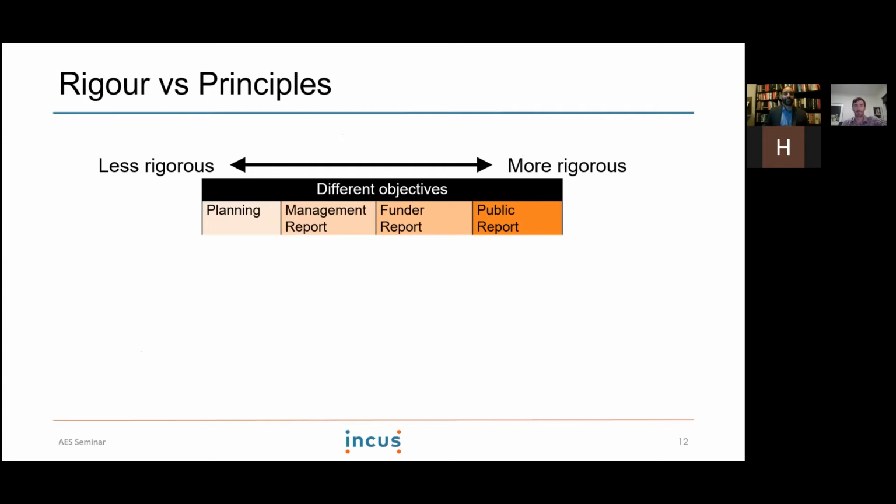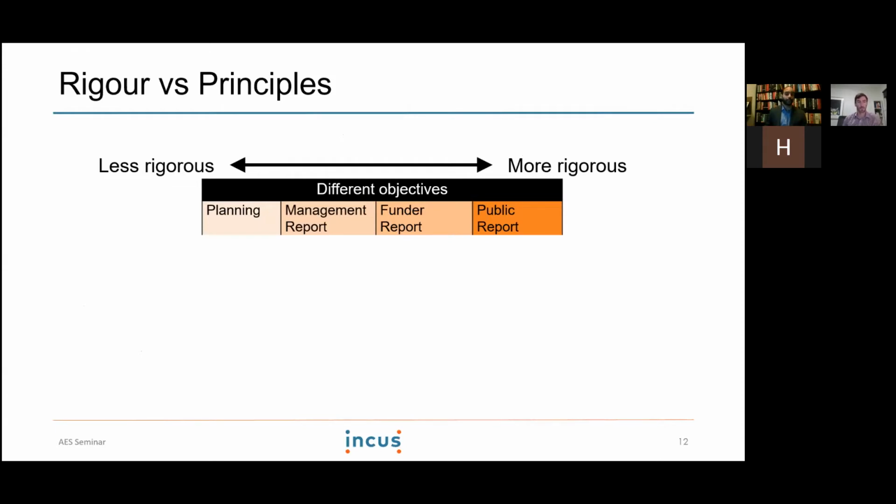Okay, moving on with the presentation itself. So I've mentioned earlier that in any decision making, you're going to have different levels of rigor that are required. So depending on your objective, if you're at the planning stage of a program, you might apply less rigor than if you're publishing a public report or sending a report to a funder. So your level of rigor for decision making and the data requirements is going to vary based on your objectives.